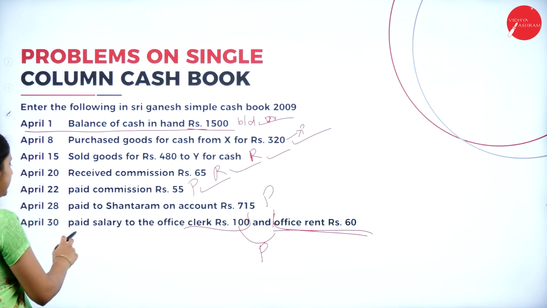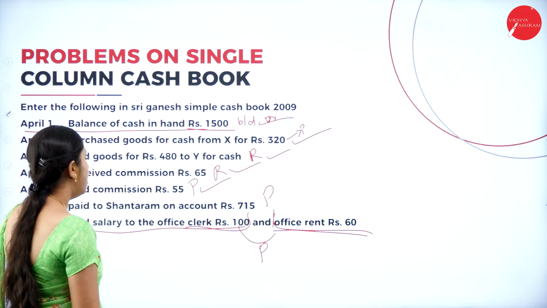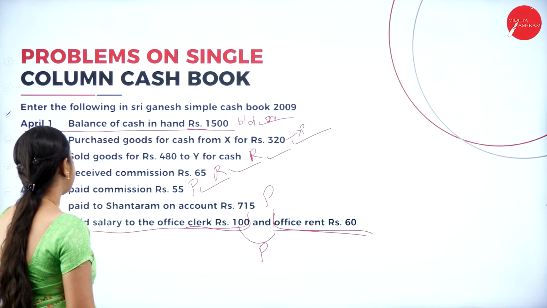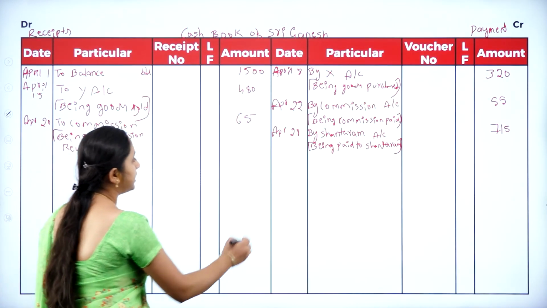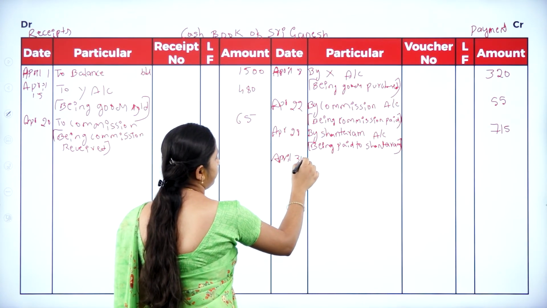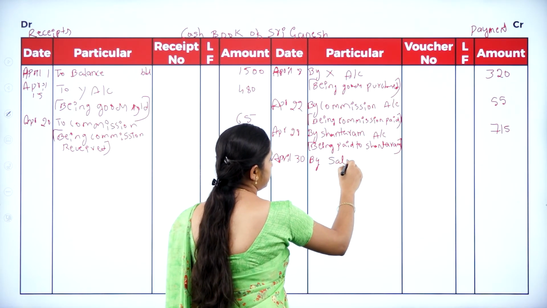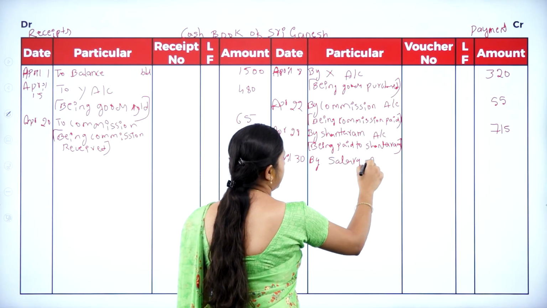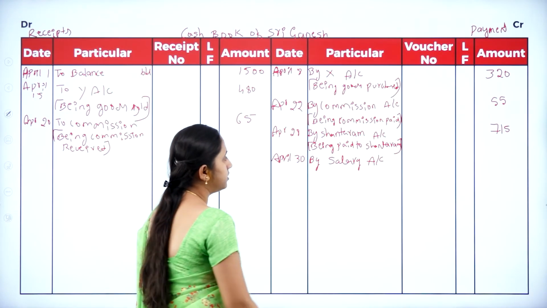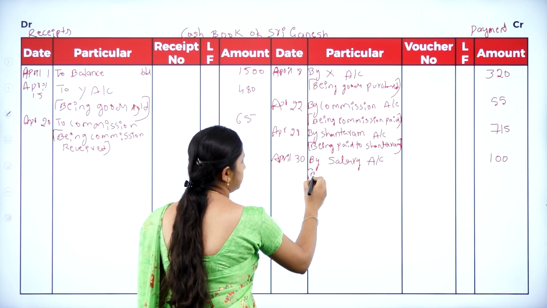Next, April 30th, paid salary to the office clerk. Payment, so write in the credit side by salary account. April 30, by salary account, rupees 100 being salary paid to office clerk.